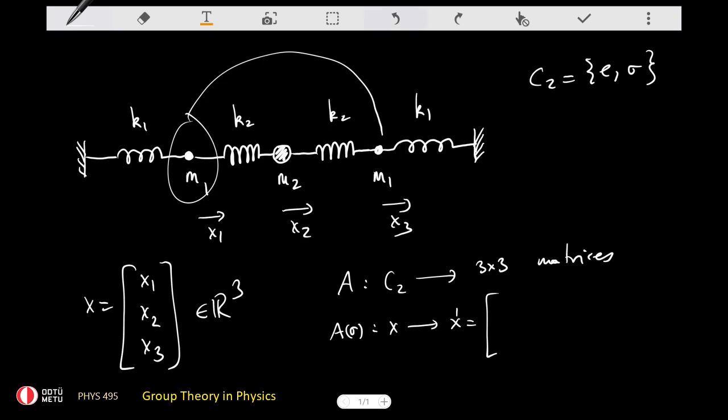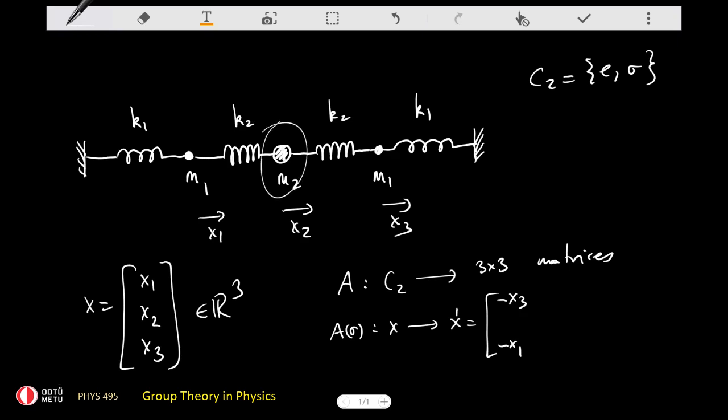So in the new reflected system, the third mass has a displacement of minus x1, and similarly the first mass has a displacement of minus x3. And finally, the middle mass has a displacement of minus x2. So that's A of sigma applied on x.